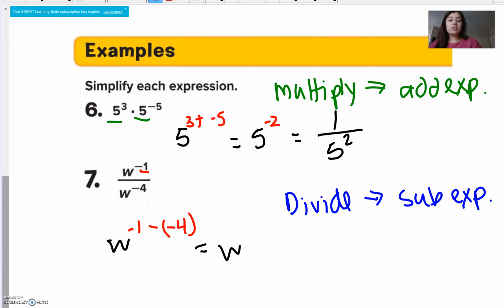And what I like to do is I know that subtracting a negative is like adding a positive, so I turn these into plus signs. -1 plus 4 will give us 3. So that's a positive exponent, so we don't need to rearrange it and switch it. That's just our answer.